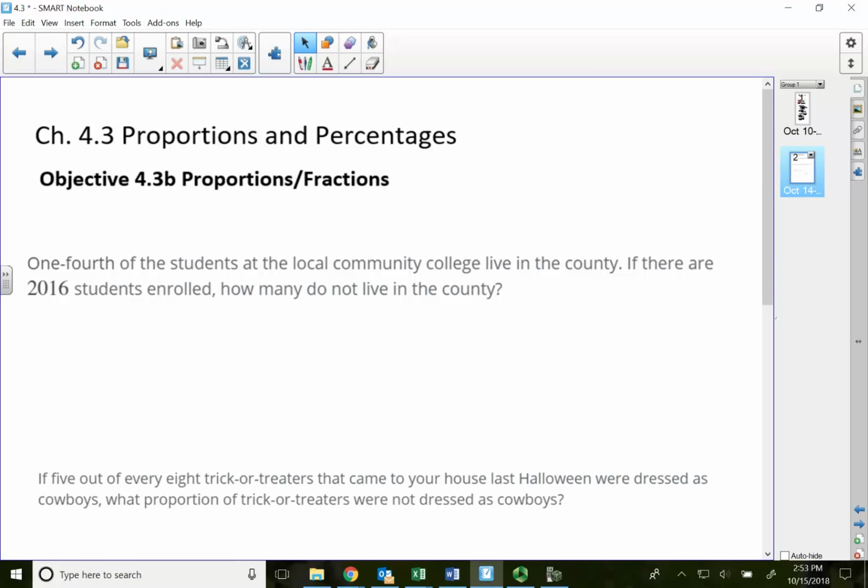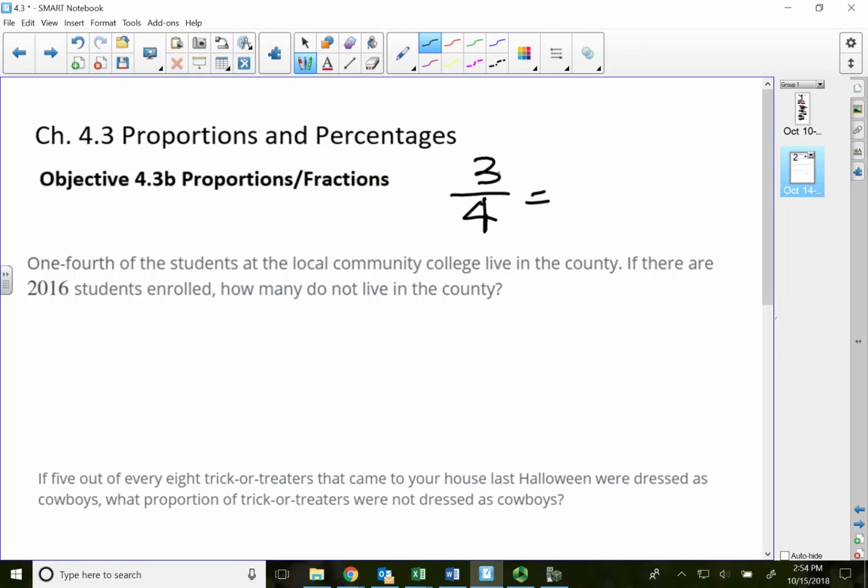In the previous lecture video, I mentioned when we were converting between decimals and percents, and between fractions and percents, that any fraction can become a percent.